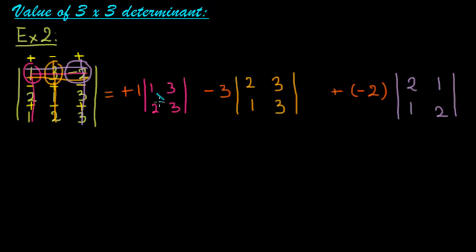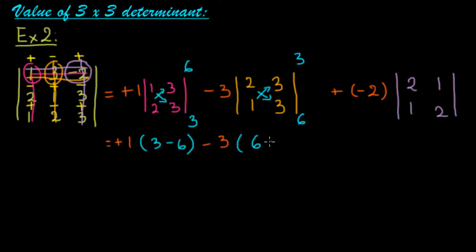You will multiply 1 times 3 gives me 3 and 2 times 3 gives me 6. So the next step is bottom subtract top. So 3 minus 6. And definitely I will bring down the positive 1 and bring down the negative 3. Next one, 2 times 3 is 6. 1 times 3 is 3.